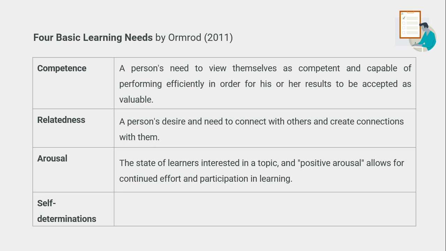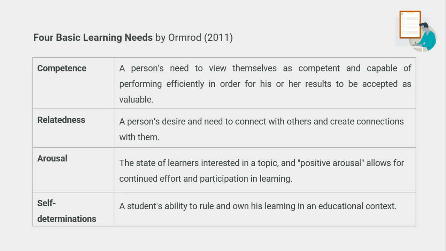According to Deci and Ryan 2000, self-determination is described as the organism's need to self-organize experience and behavior and to have action be consistent with one's integrated sense of self.